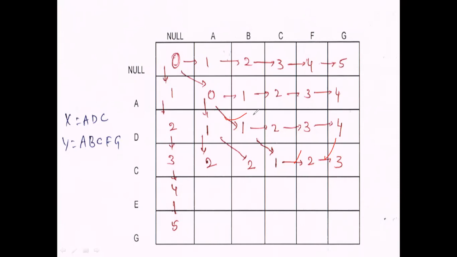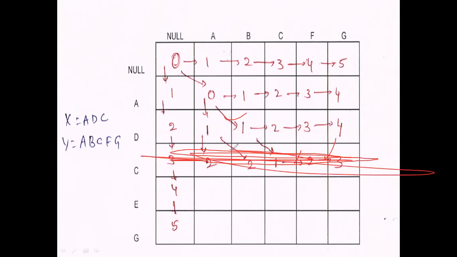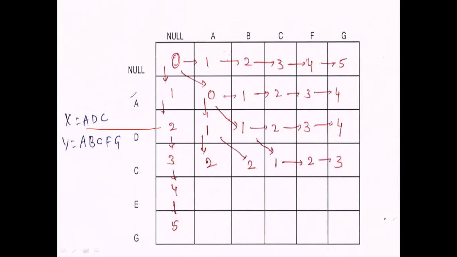So here ADC converted into, what does the fourth row represent? The fourth row represents ADC converted into first one A, second one AB, third one ABC, fourth one ABCF, and fifth one ABCFG. That is the number of operations required, either insertion, deletion, or replace.